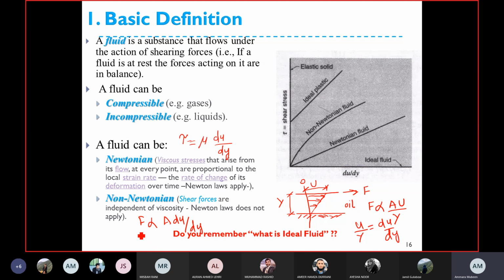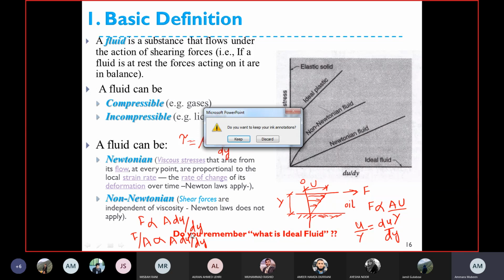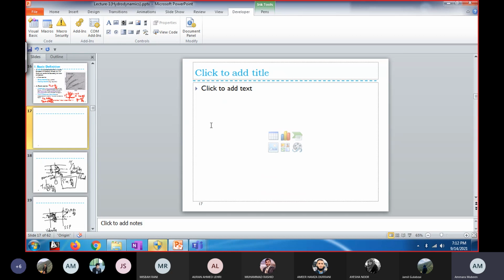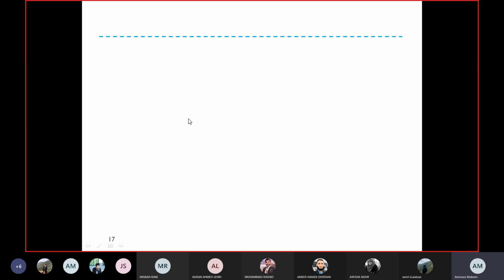Further, on rearranging, we can say that F over A is directly proportional to du over dy.